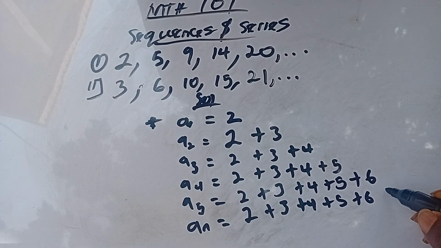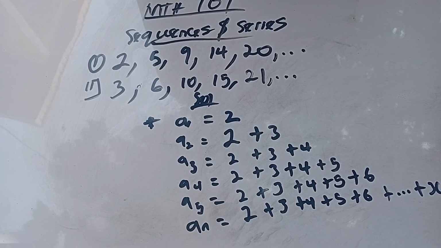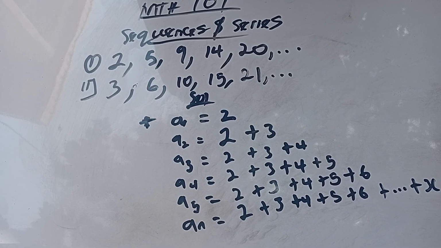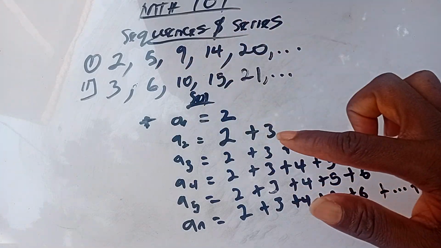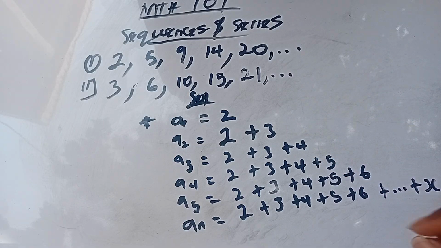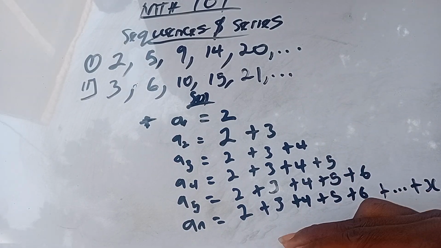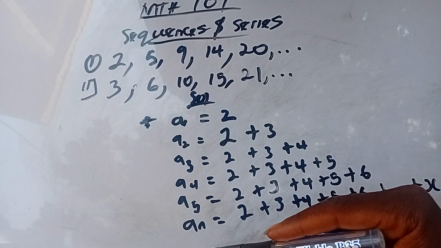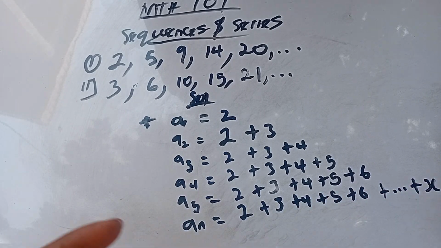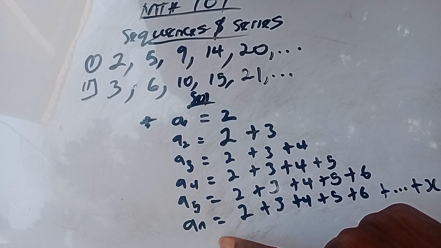Let's say the last term there is x. Now, because we break this down, this is 2, the next one is 5, 9, 14, 20. Because of the breakdown, we are able to create a series, an AP series to be precise. So we can use this one to generate.